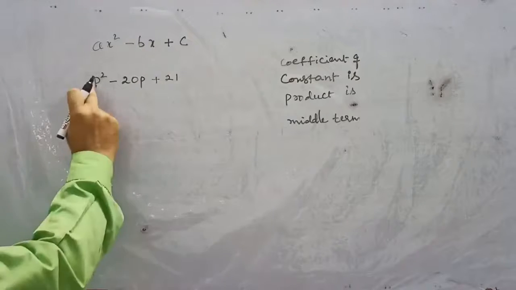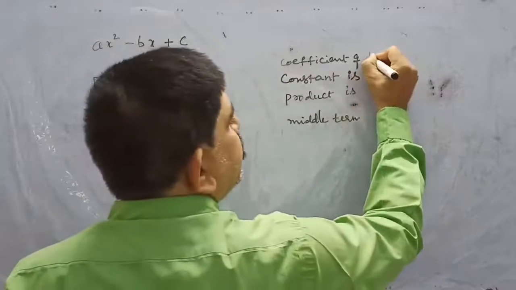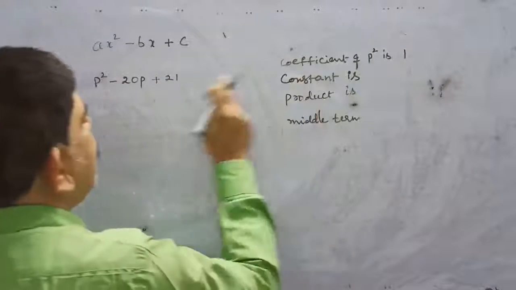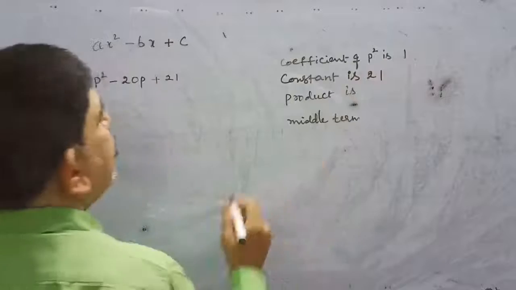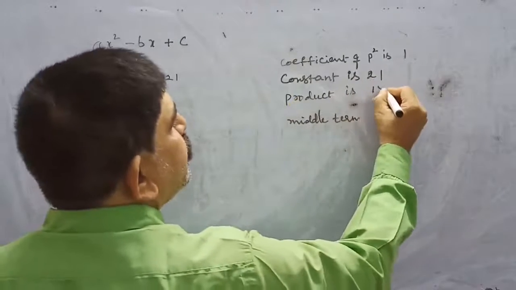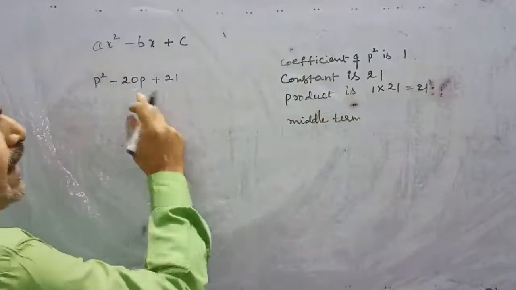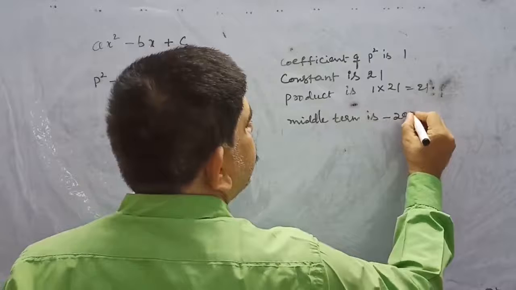Now quotient of p square is 1. Next constant 21. Next product 1 into 21 is 21. Next middle term is minus 20p.